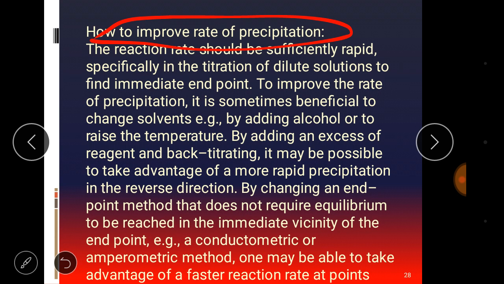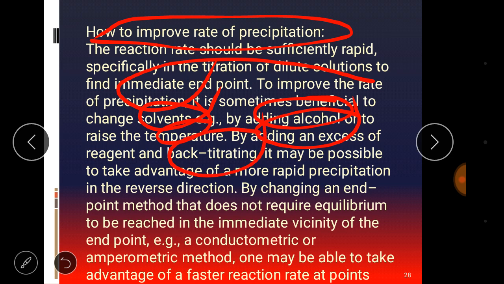Other than that, to improve the rate of precipitation, it is sometimes beneficial to change solvents, for example by adding alcohol, or by raising the temperature, and also by adding an excess of reagent and back titrating. Here the best ones are the conductometric or amperometric methods, where one may be able to take advantage of the faster reaction rate at the equivalence point.